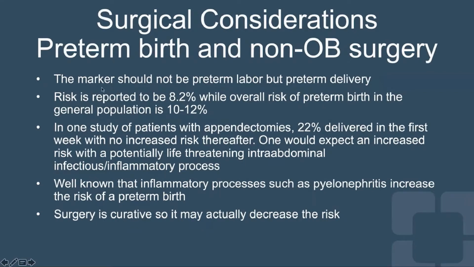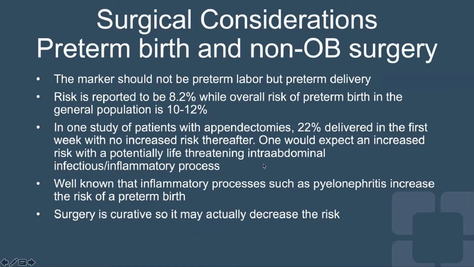Now looking at the comparison with preterm birth and non-OB delivery, the marker really should not be preterm labor specifically, because we definitely see this more frequently in appendicitis, cholecystitis, these issues when a patient does start to get sick. But risk is really reported to be about 8%, while overall risk of preterm birth in the general population is 10 to 12%.